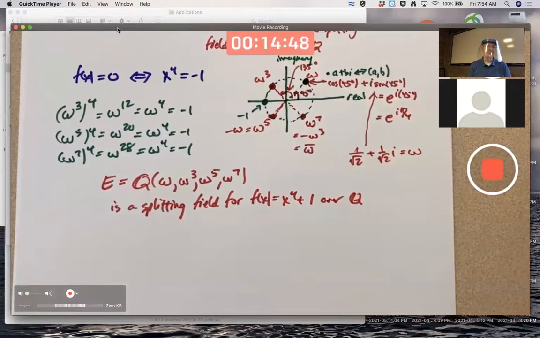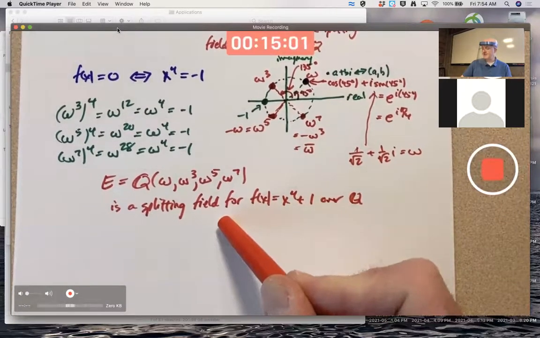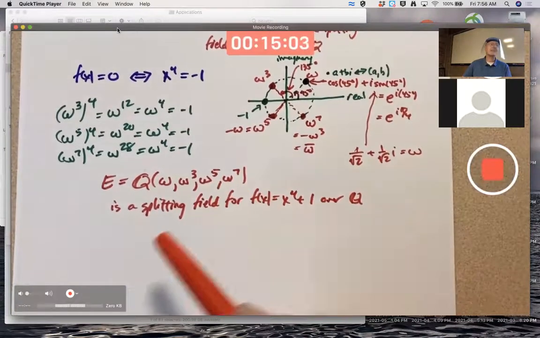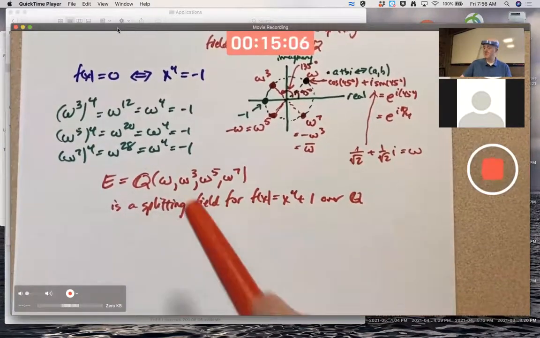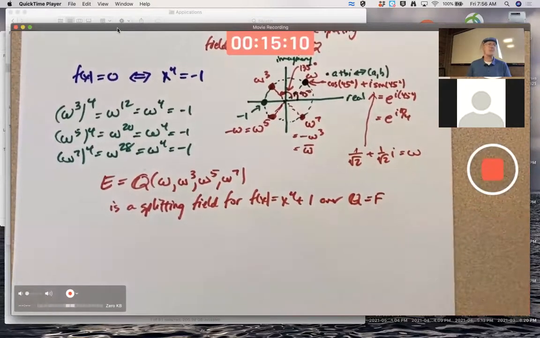It's a splitting field. There are other splitting fields that are, for example, made using factor rings. But this is the splitting field that's a field extension of E and a subfield of F, which is Q, and a subfield still of the complex numbers.